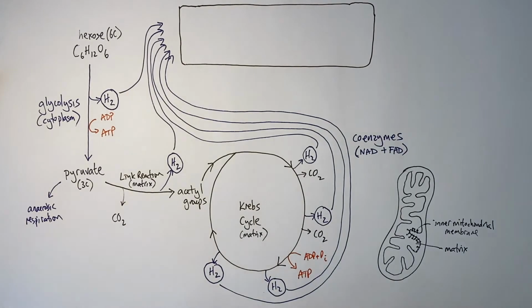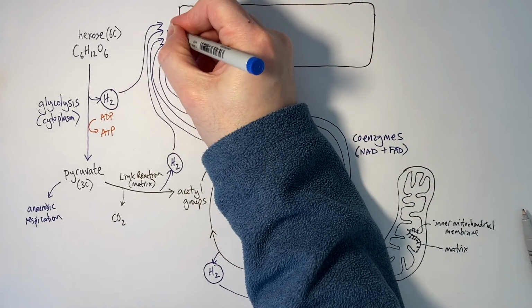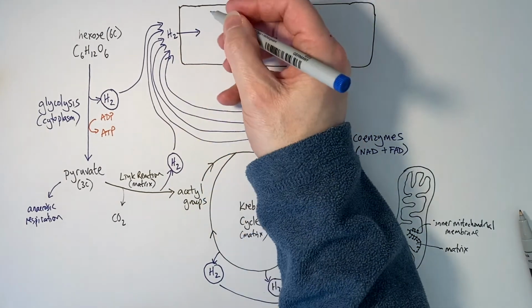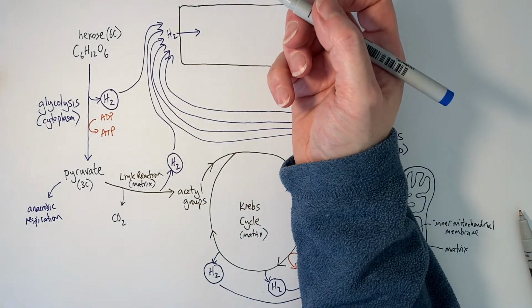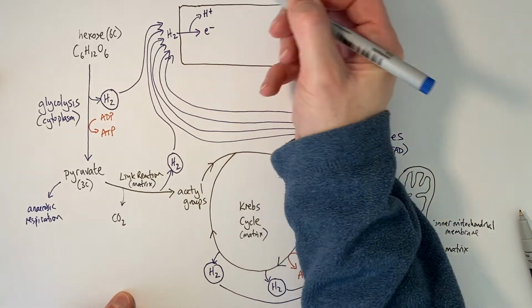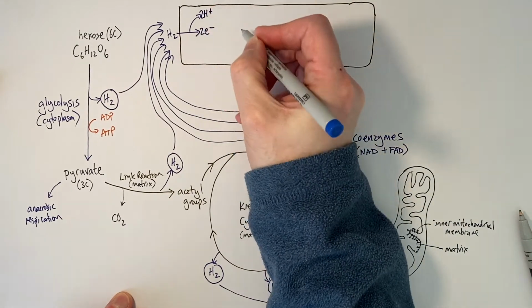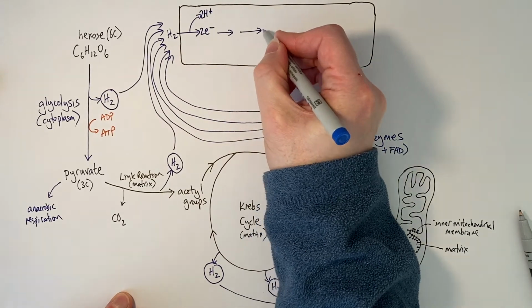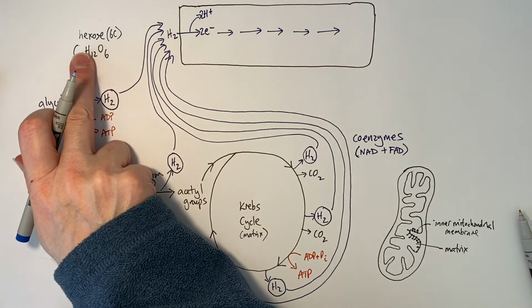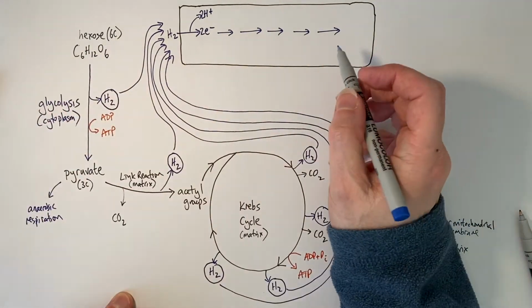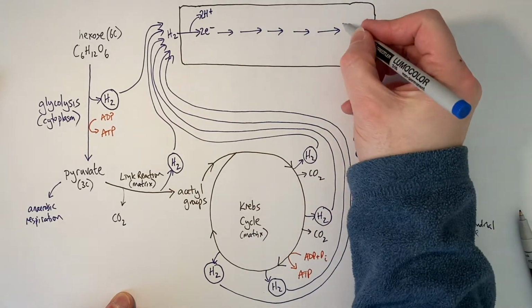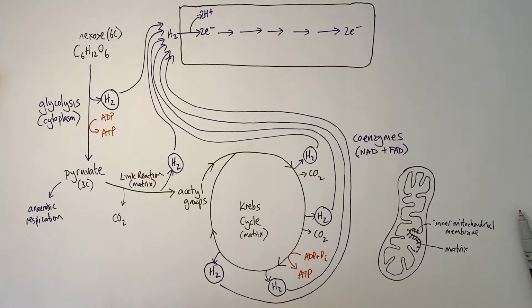And basically what happens is that we've got lots of hydrogen. That hydrogen is split into hydrogen ions and electrons. And then those electrons have got lots of energy in them, chemical potential energy. And they are passed between a series of carriers until they have less energy.